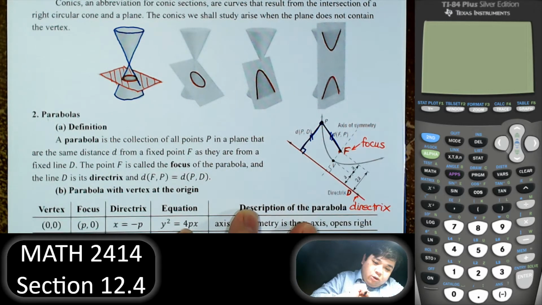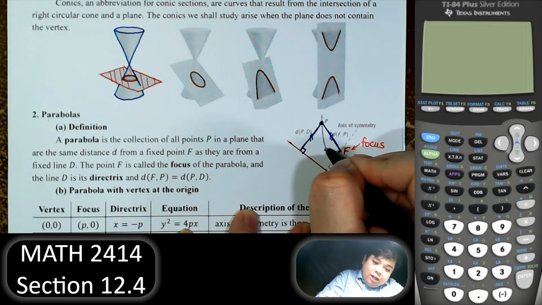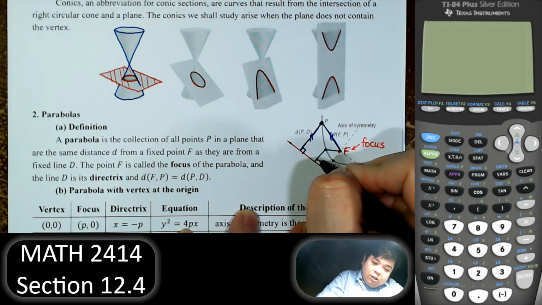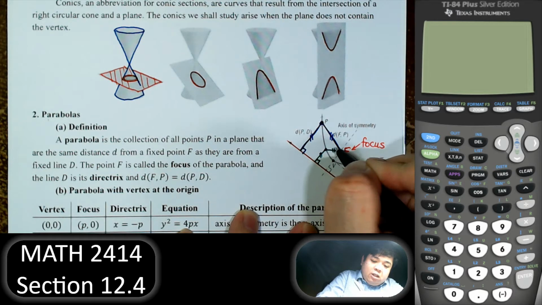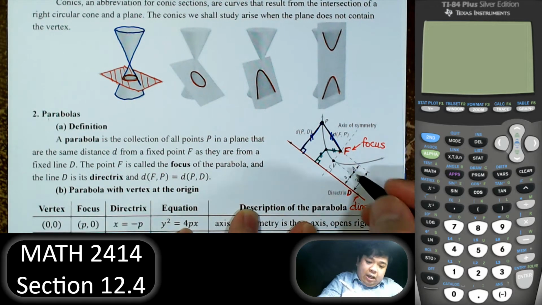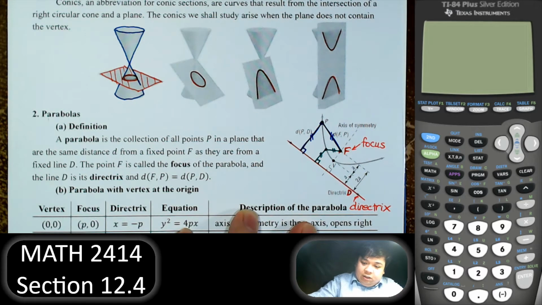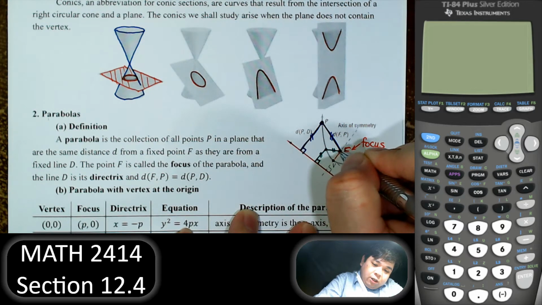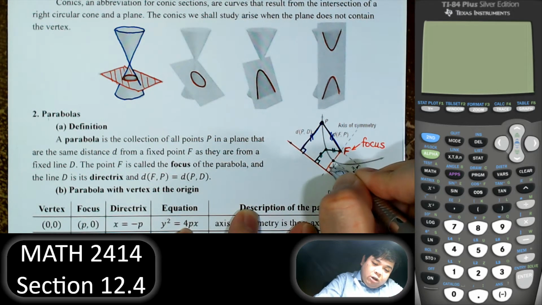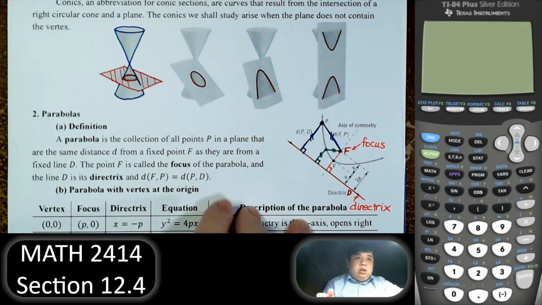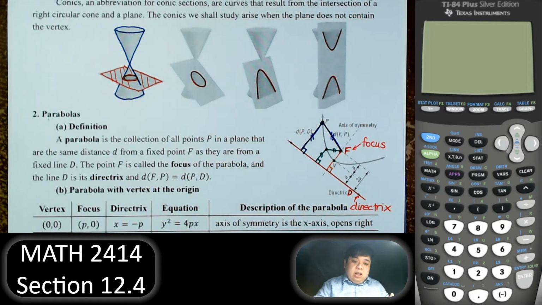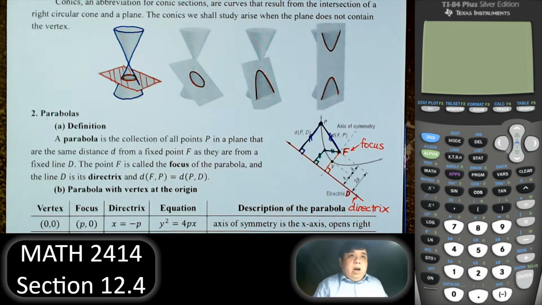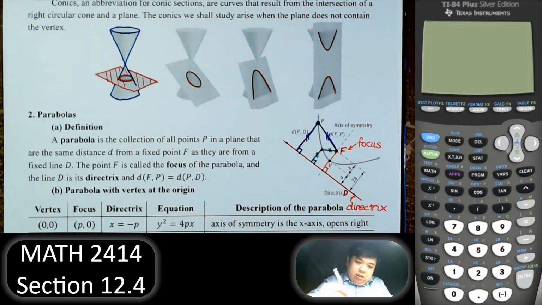Let's say if we have this point, then the distance to the focus and the distance to the directrix, these two distances are the same. And then we might have another point, and the distance from this point to the focus and to the directrix are the same. And then all of the points that satisfy this condition belong to a parabola. So we have a parabola.